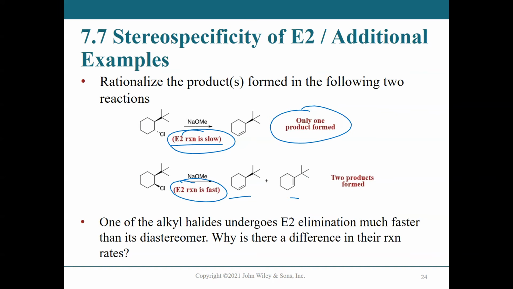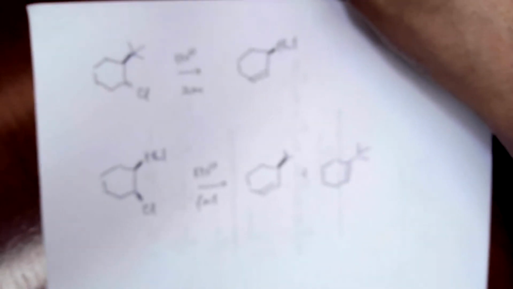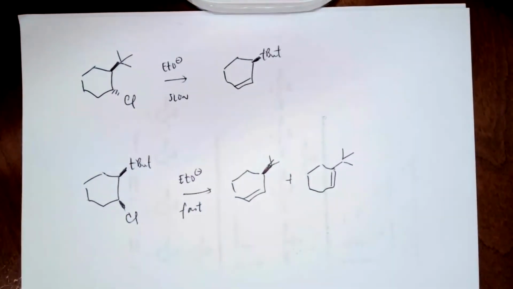And the second reaction, you have the chlorine on a wedge with the tert-butyl, also ethoxide, fast, and you get two products. We have to explain why.